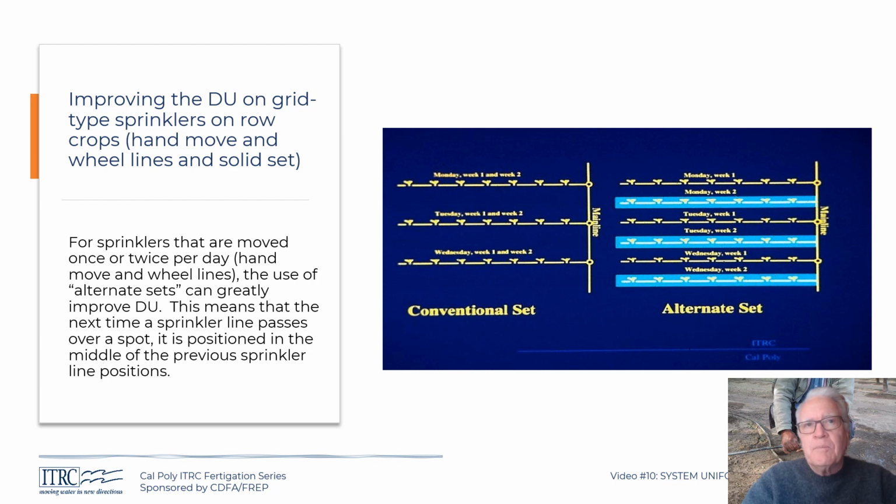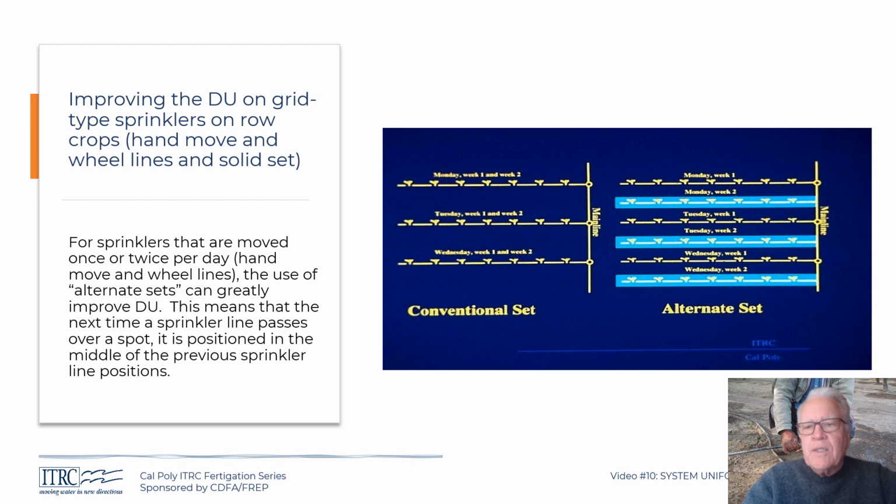So for example, if you have a 50-foot move, you'll still have a 50-foot move, but you may position the subsequent line between the valves. So you have a little stub of pipe that goes out maybe 25 feet from the valve over there and positions it.